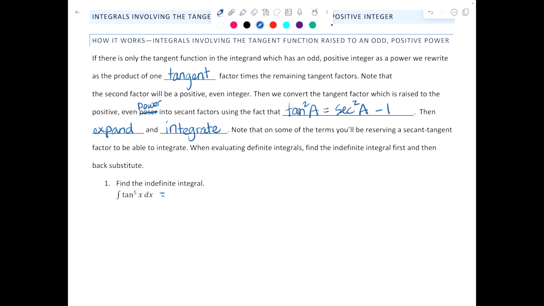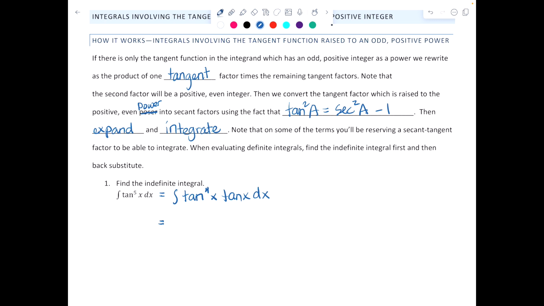We've got tangent at x raised to the 5th power. So we can go ahead and write this as tangent to the 4th at x times tangent at x dx. And then we want to basically rewrite the tangent raised to the higher power in terms of the secant function.